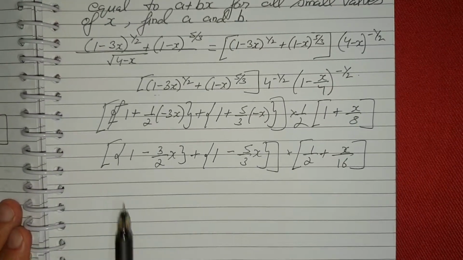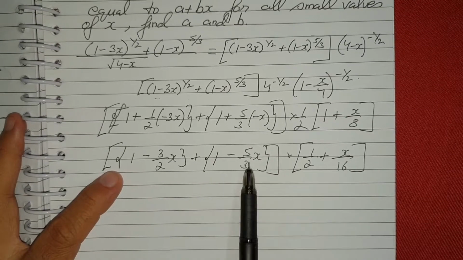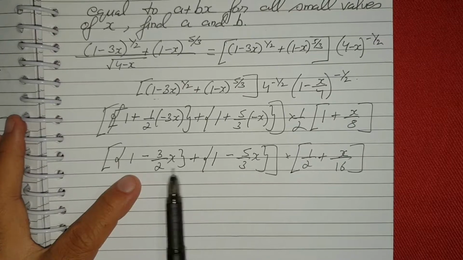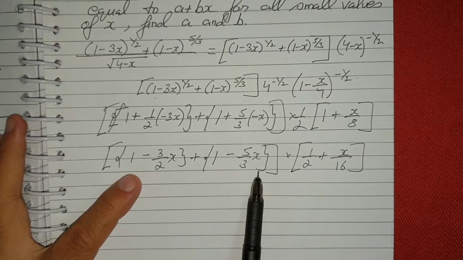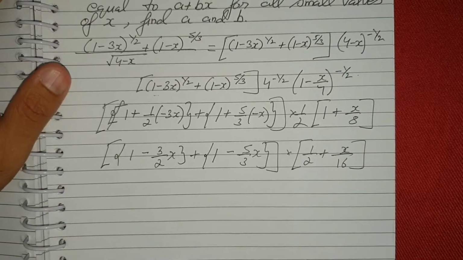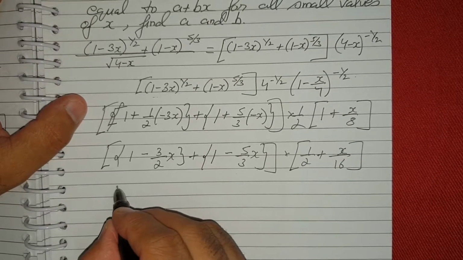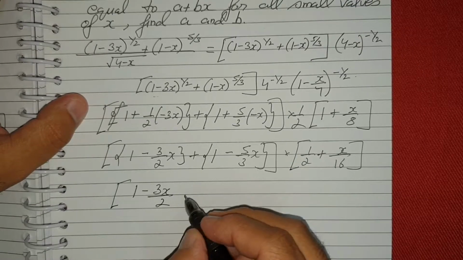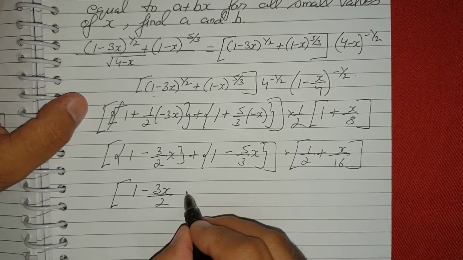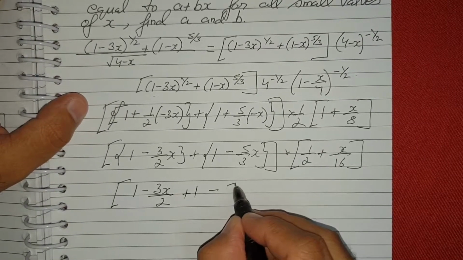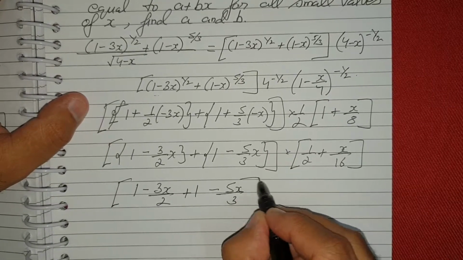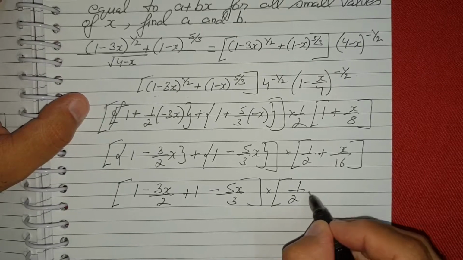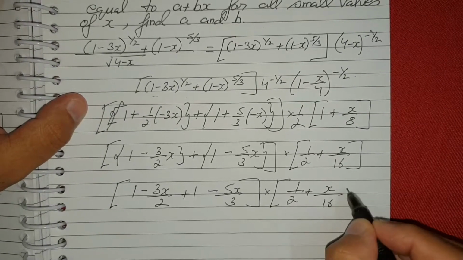Now when you multiply this, you get 1 times 1, this is minus 5 by 3x, this is minus 3 by 2x, but in this case you get plus 15 by 6 x square, but x square term has to be neglected. So this will be written like this, this is 1 minus 3x by 2 plus 1 minus 5x by 3, and this is into this is half plus x by 16.